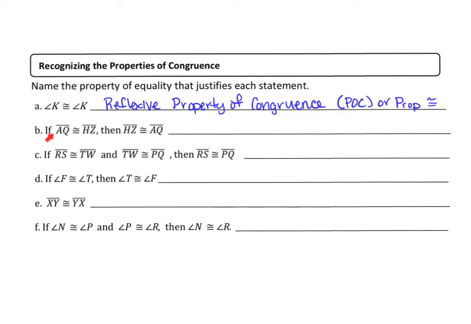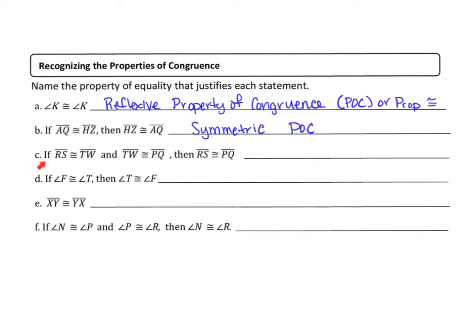Let's look at letter B. If segment AQ is congruent to segment HZ, then segment HZ is congruent to AQ. What property is that? That would be the symmetric property of congruence.